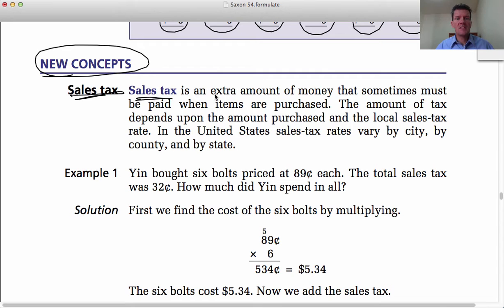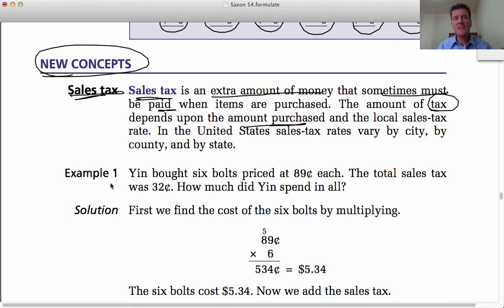It says here tax is an extra amount of money that sometimes must be paid when you purchase certain items. And that tax always depends on the percentage of that tax rate and the amount that you purchase. We're going to use that information to calculate what the tax would be on a purchase.